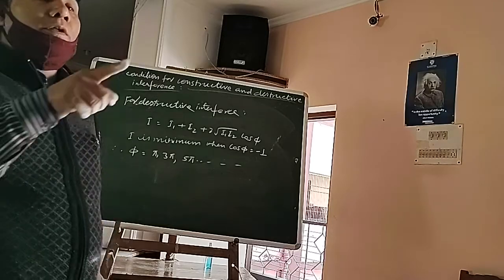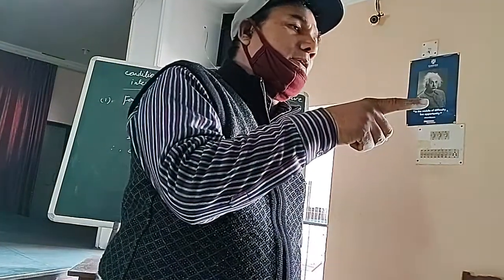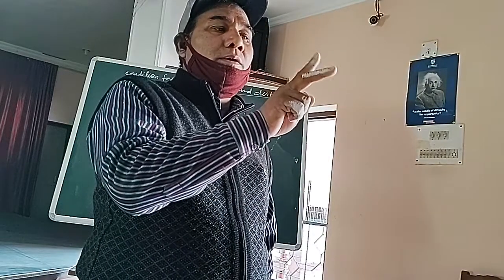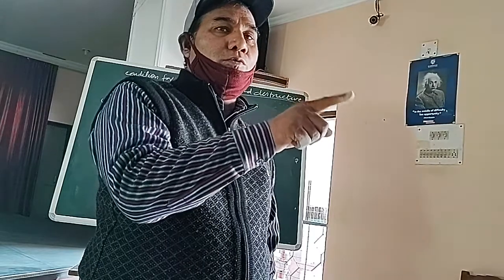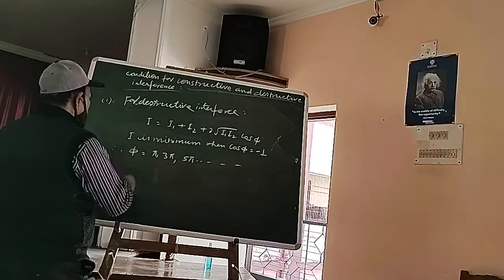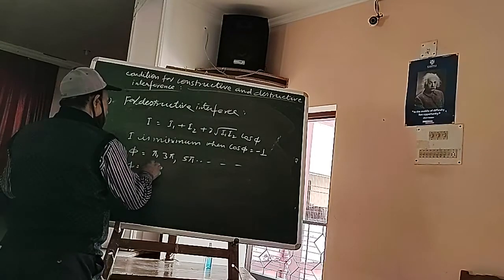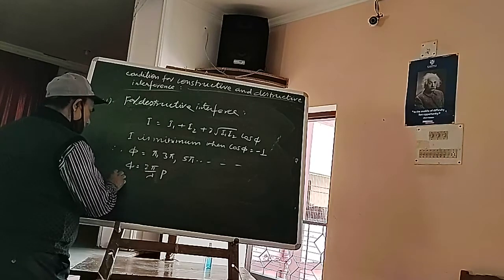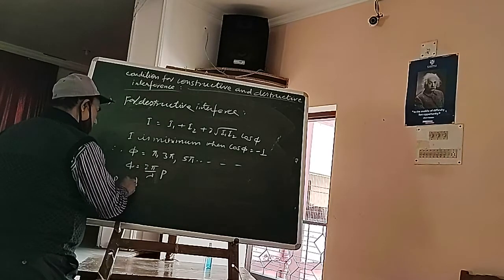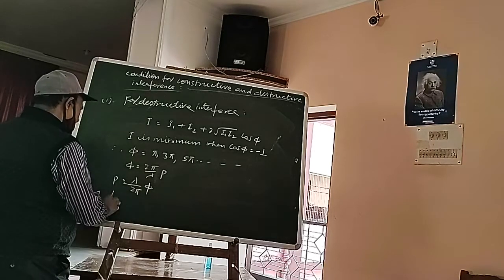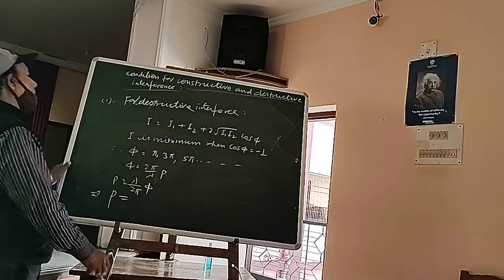Phi is equal to 2 pi upon lambda into p. So p is lambda upon 2 pi into phi.